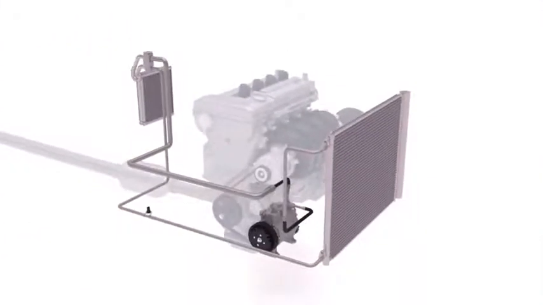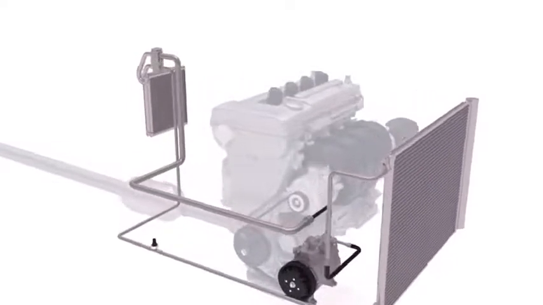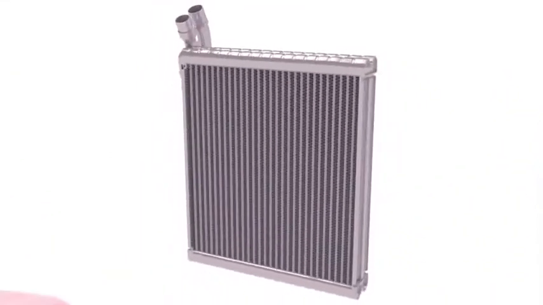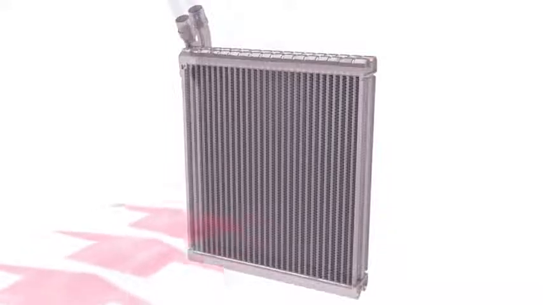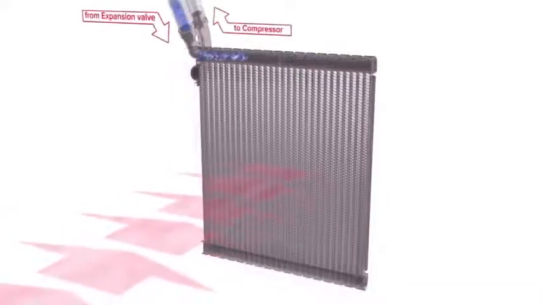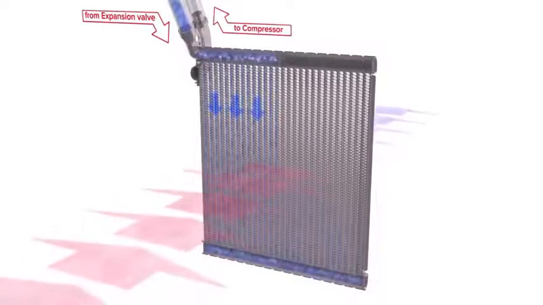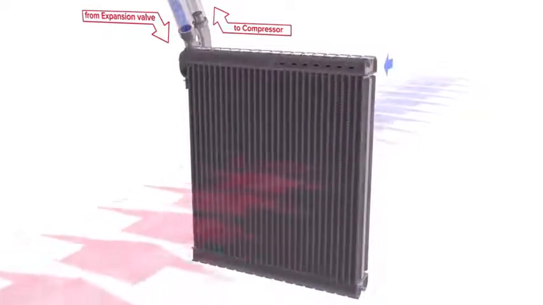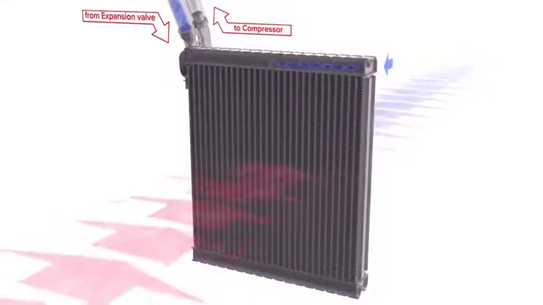The low-pressure mist refrigerant now flows into the last major component of the air conditioning system, the evaporator, which is located within the air conditioning unit. The evaporator consists of a tank, tubing, and fins that are exposed to the air in the passenger compartment. Therefore, heat from the air is able to transfer to the fins, and it is then absorbed into the refrigerant mist.